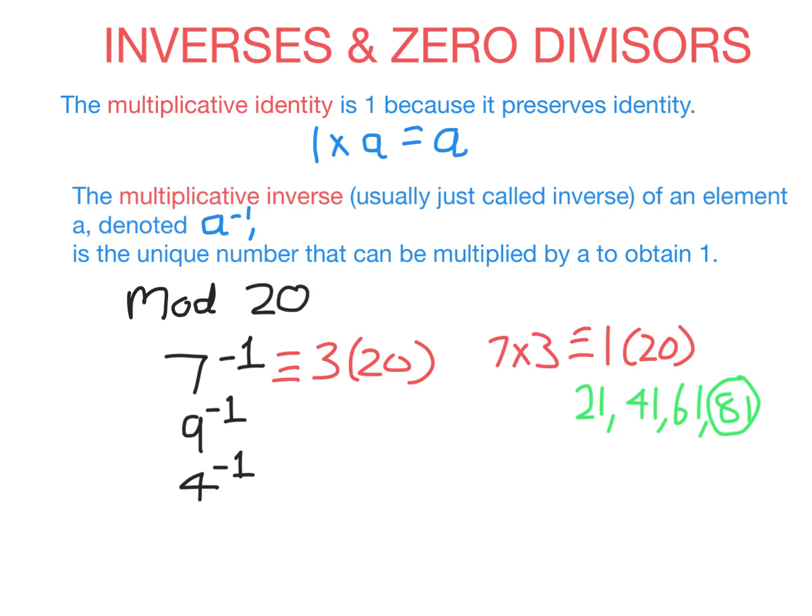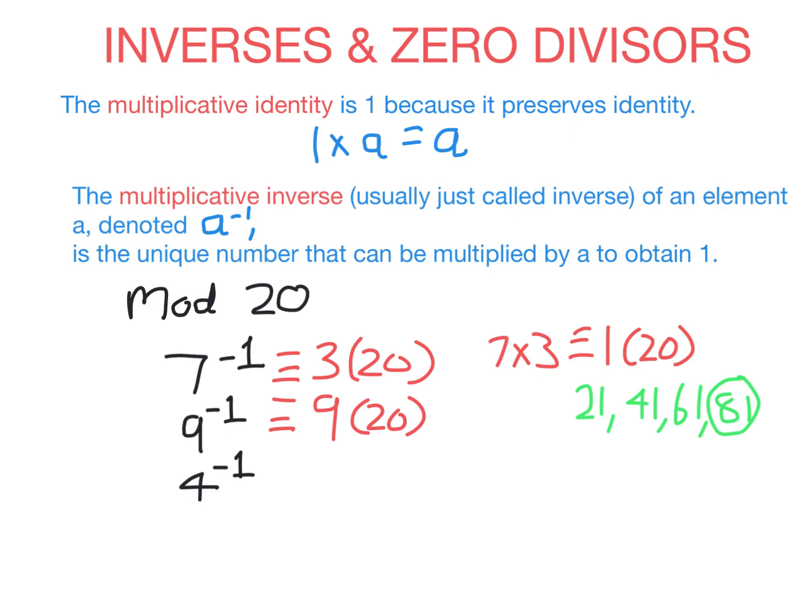You times by 9. 9 inverse is actually 9 modulo 20 because 9 times 9 is equivalent to 1 mod 20. If you times by 9 and then times by 9 again in modulo 20, that's the same as multiplying by 1. Timesing by 9 actually undoes itself if you do it again.